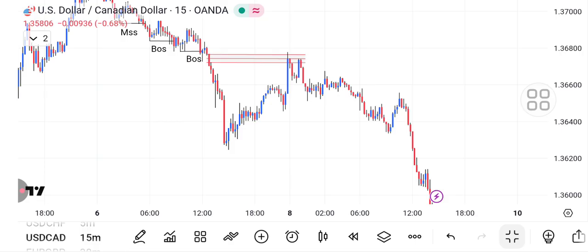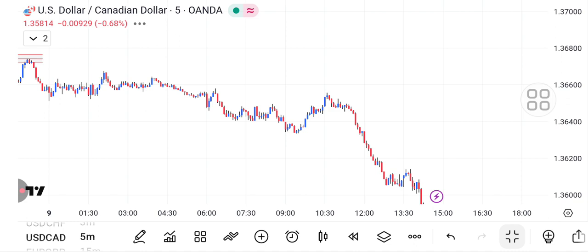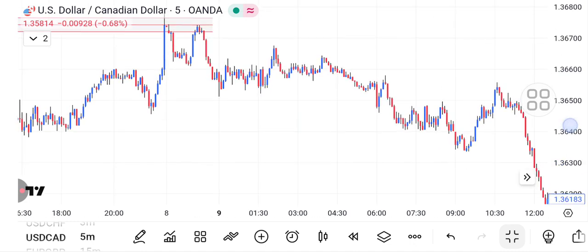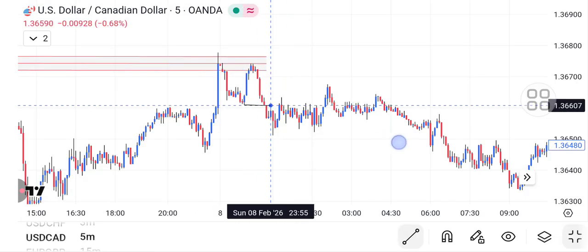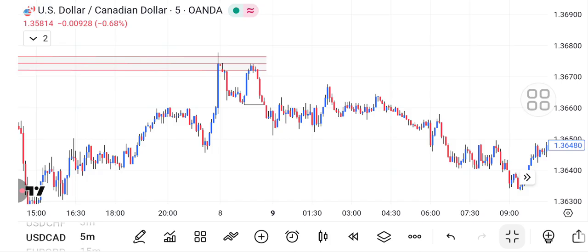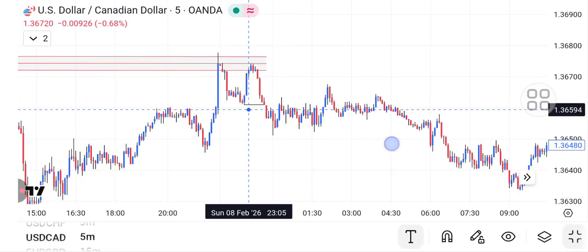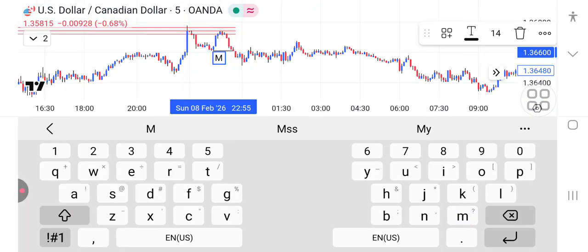So I wanted another confirmation from the lower time frame, lower than the M15. So I went to the M5 because the continuation was on the M15, not from the 4-hour. So on the M5, I got another market structure shift right here. After price hit the M15 fair value gap, I got this market structure shift.